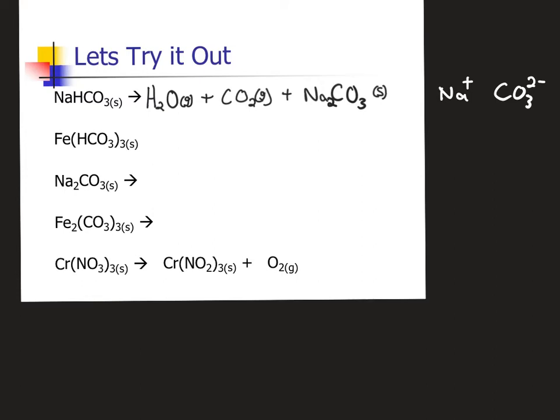Now, I'm going to fill out my chart here real quickly. Okay, reactants and products. I'm going to put my sodium, my hydrogen, my carbon, and oxygen because it decomposes, so it all goes on the other side. If I did not put that 2 there, it would look like this.